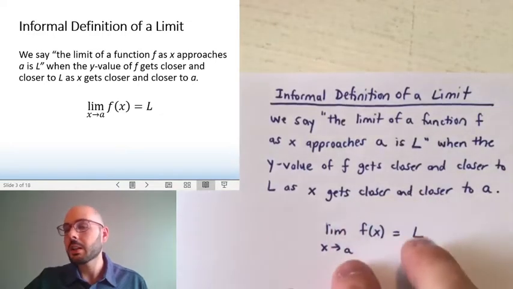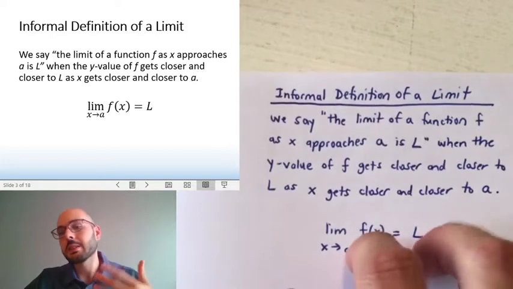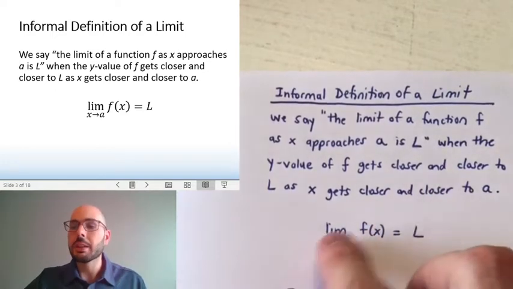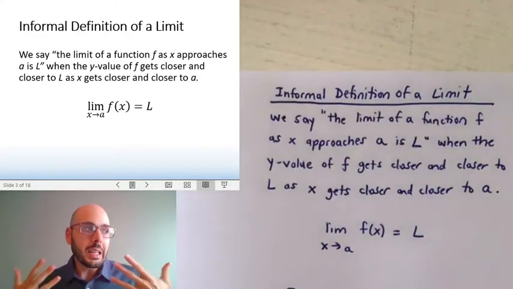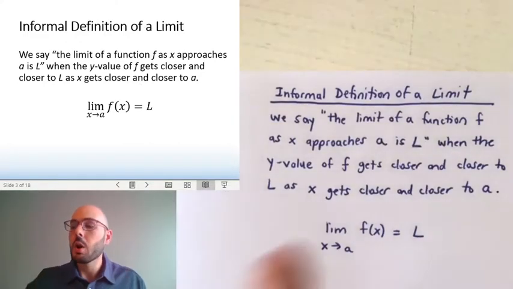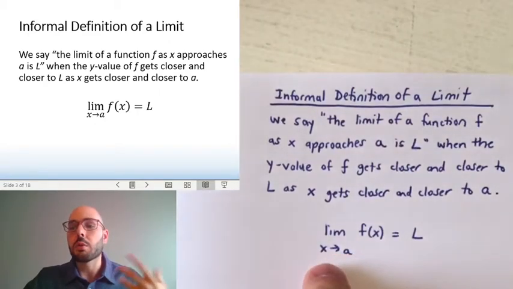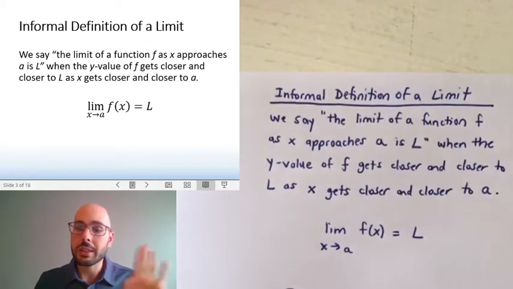Of course, here a and L are numbers. We just don't know what those numbers are because this is a generic definition. But the limit of a function is going to be a certain y value if it looks like the y values of the function are approaching that particular value when the x values are approaching a certain a value. All right, so that's good to know.